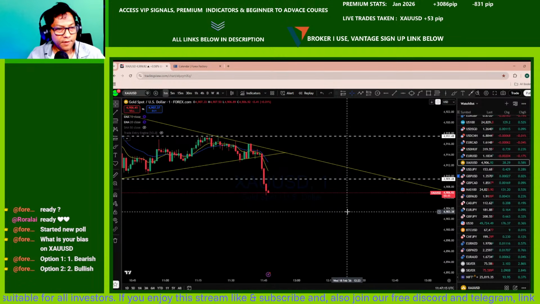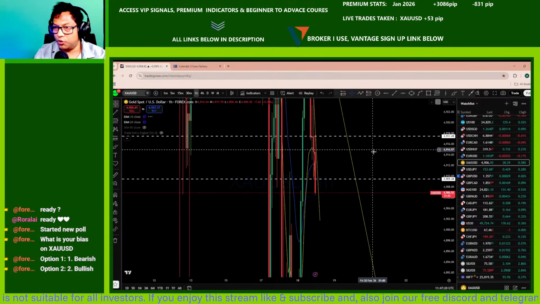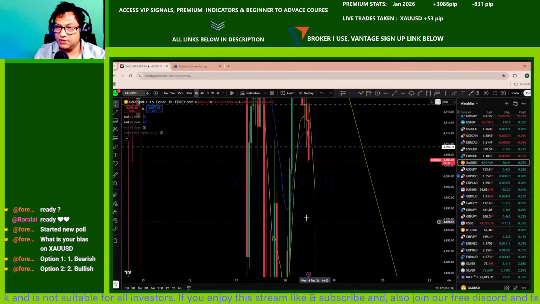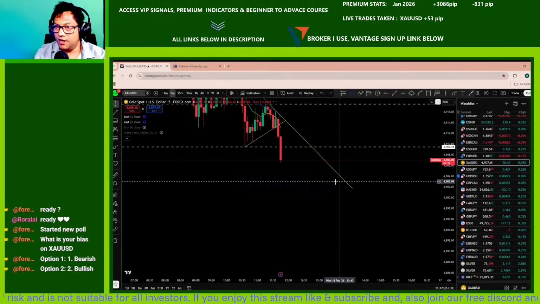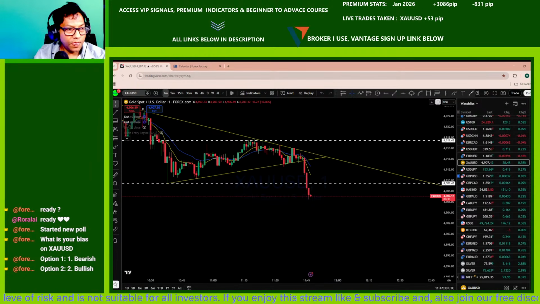Now looking at a potential bearish setup, there is a significant imbalance, and we'll be looking for entry in that area.